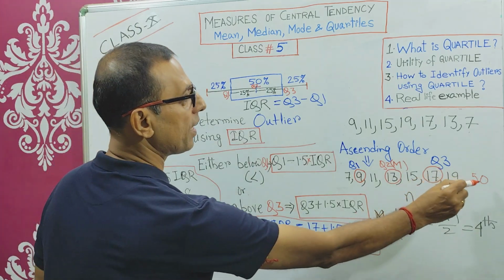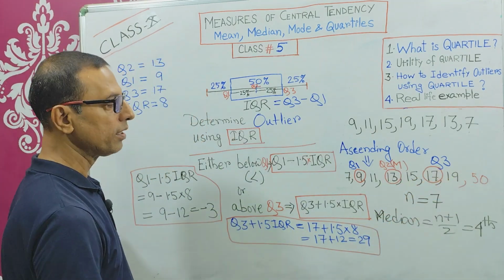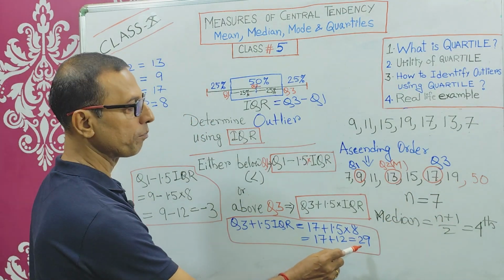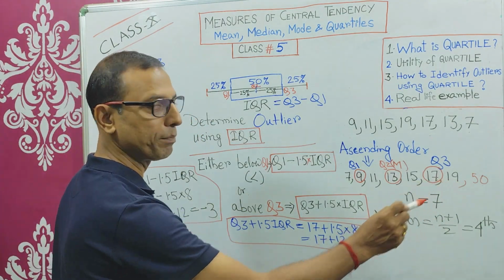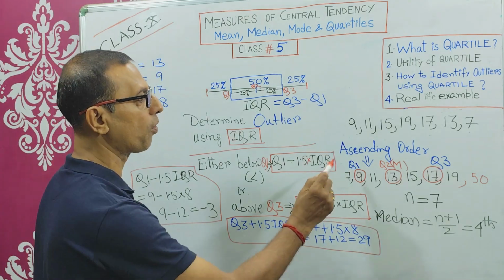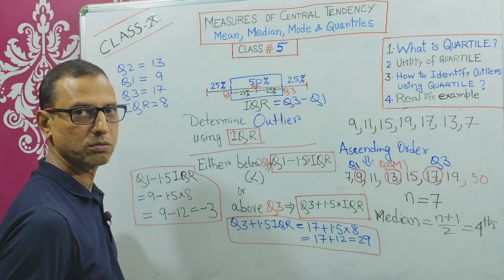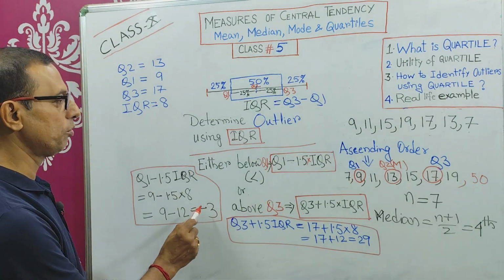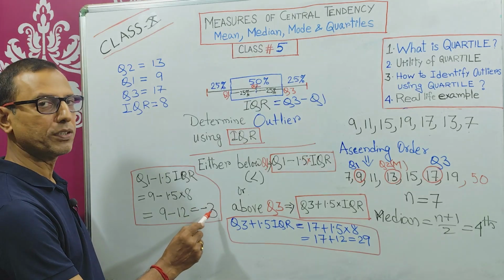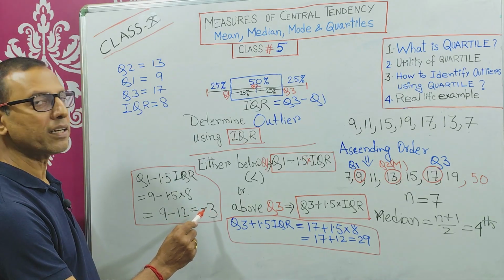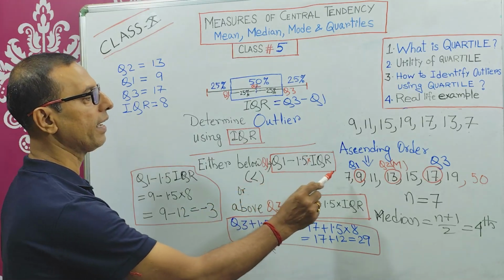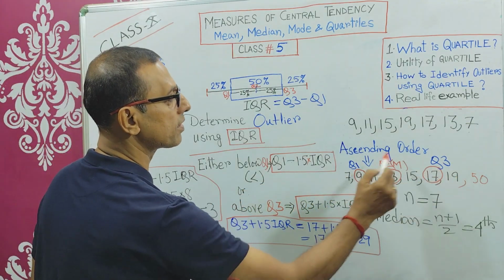So if we say 50, there is one value, then definitely that is an outlier, because any value above 29 will be treated as an outlier for this set of observation values. And any value that is below -3 will also be treated as an outlier, but in the negative direction for negatively skewed data, and again with respect to this set of observation values.